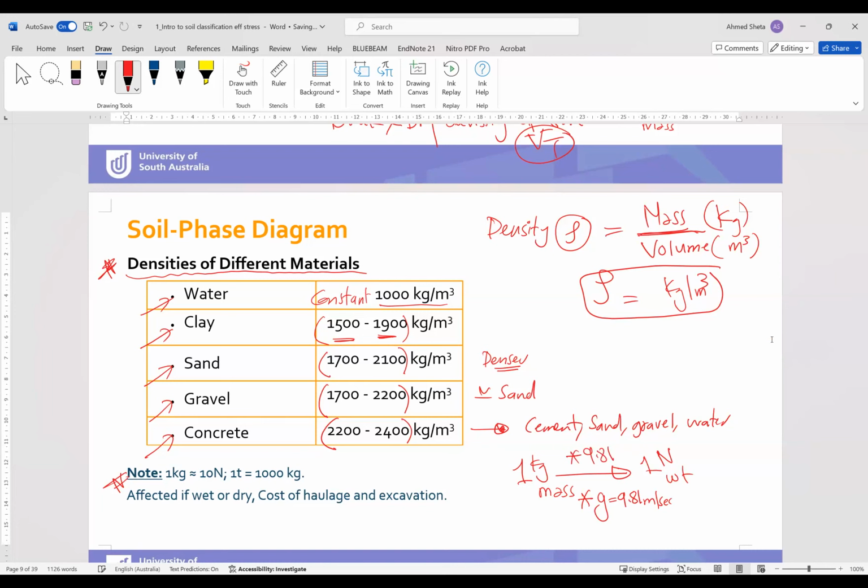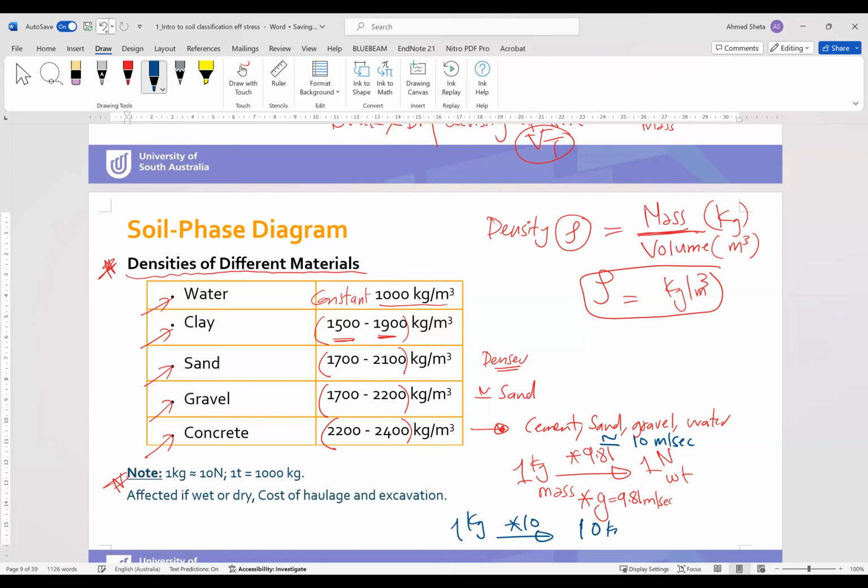But in some studies or areas, they try to simplify this, so they use the gravity acceleration as 10 instead of 9.8. So they round it up to 10 meter per second squared. So 1 kilogram approximately times 10 will be 10 Newton.